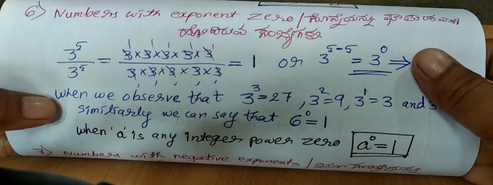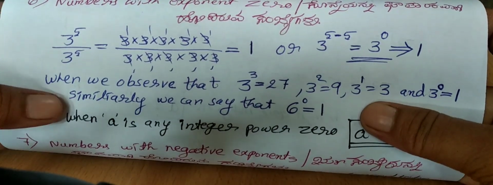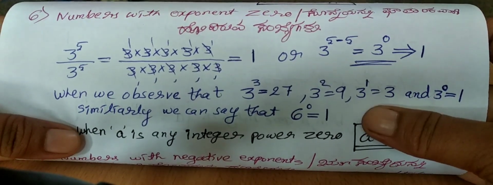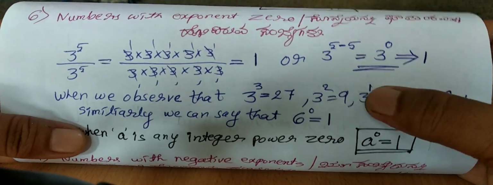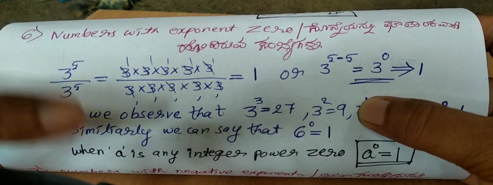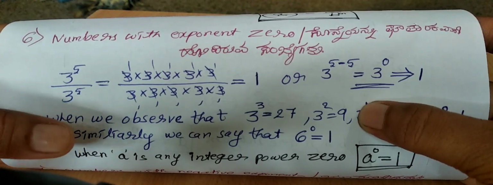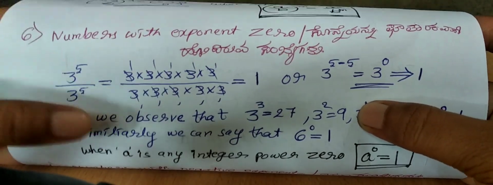However, we can observe this with a different example also. 3 cube is 27, and 3 square is 9. The 3 square value is less than the 3 cube value.